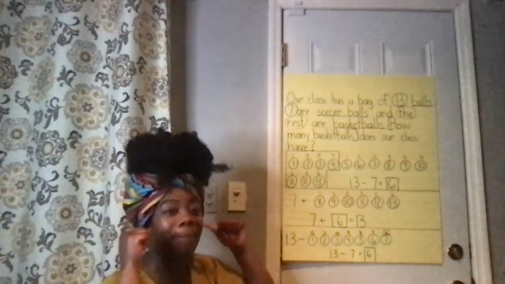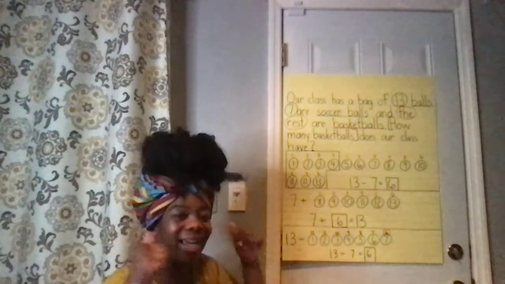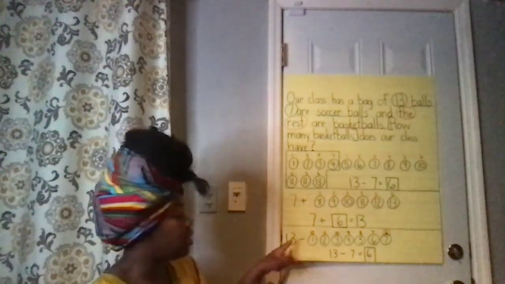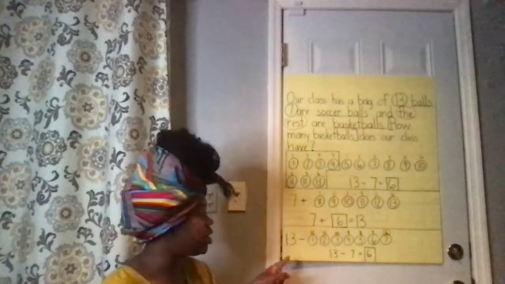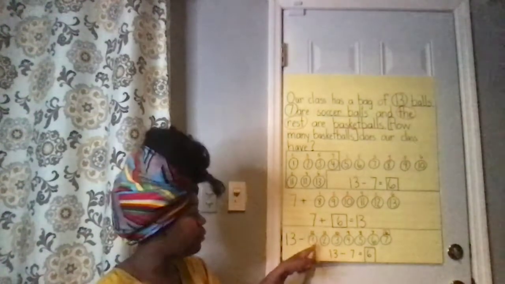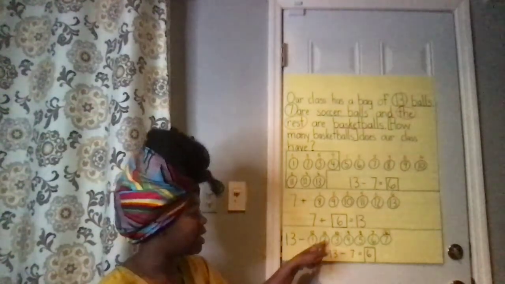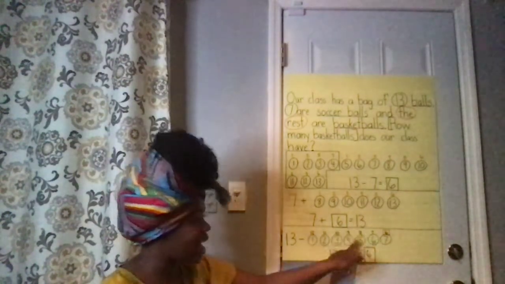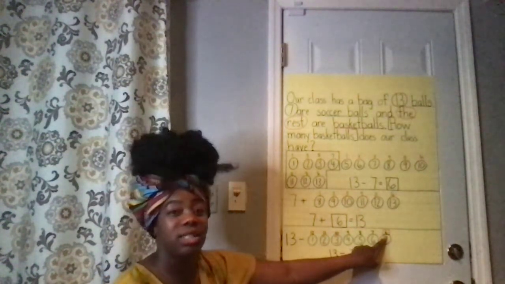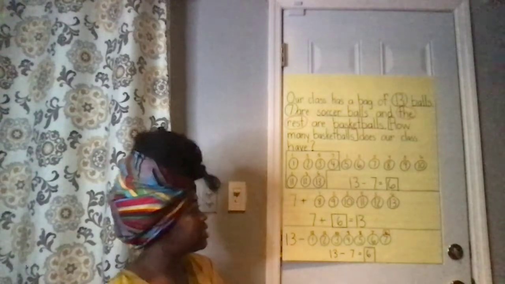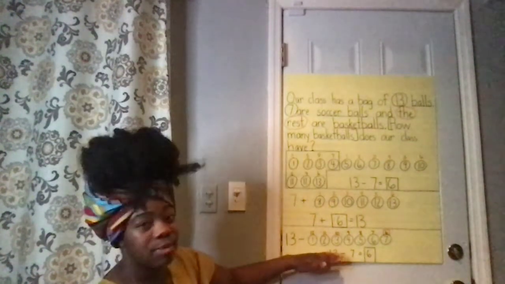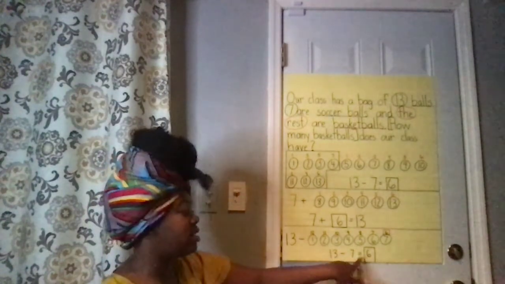And then I'm going to count back. Yes, babies, we're going to count back. So I'm at 13. Before 13 is 12. Before 12 is 11. Before 11 is 10, 9, 8, 7, 6. We still get 6. The number sentence to match the story problem and the strategy is the same. 13 minus 7 equals 6.